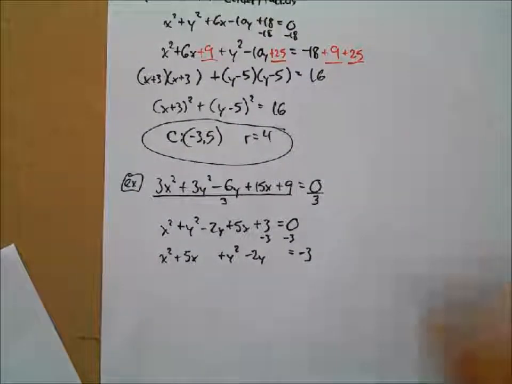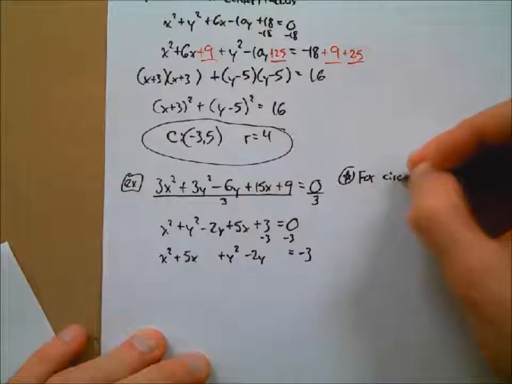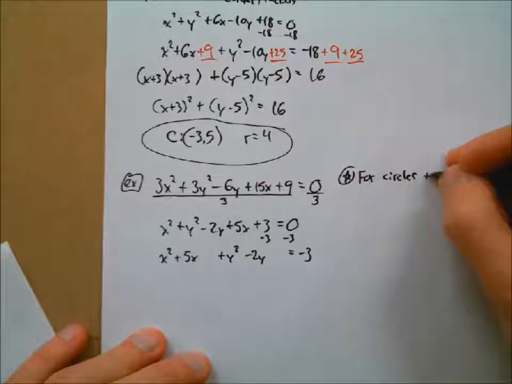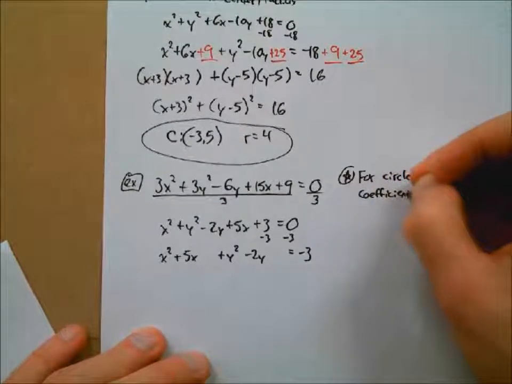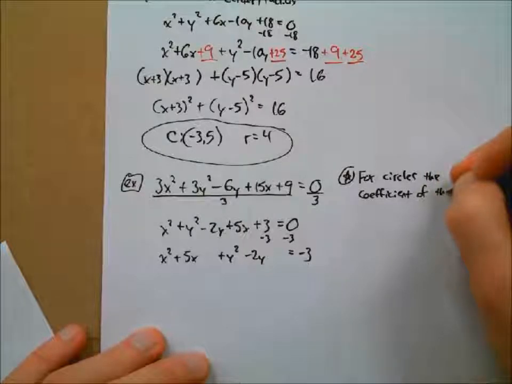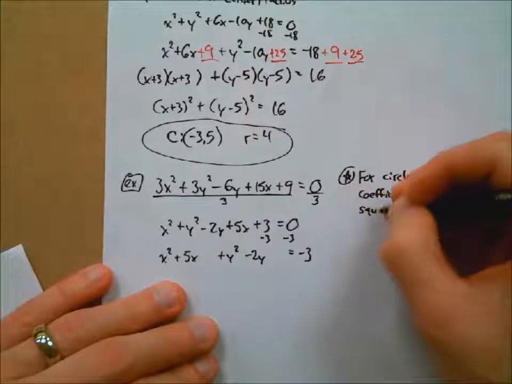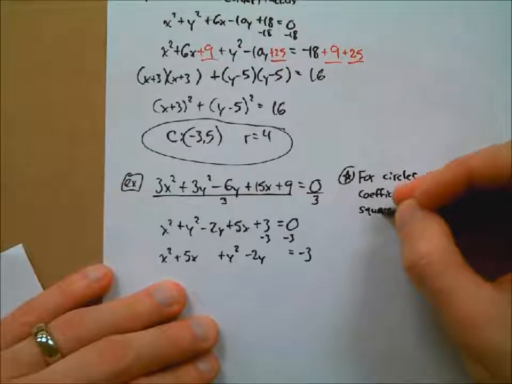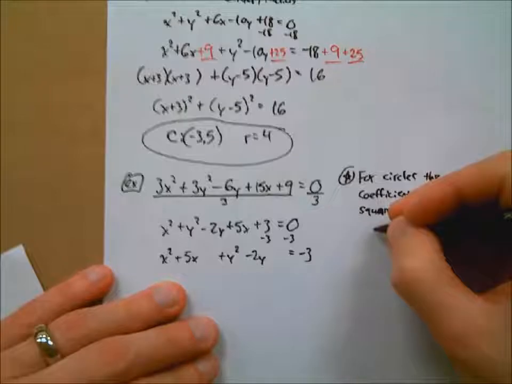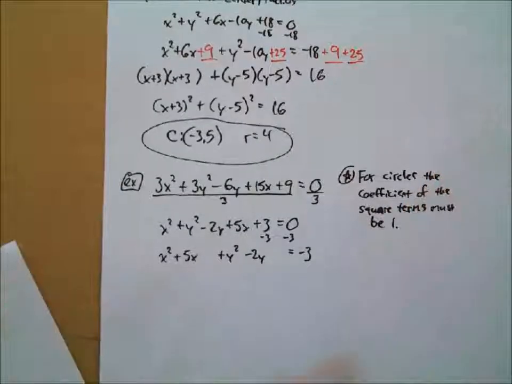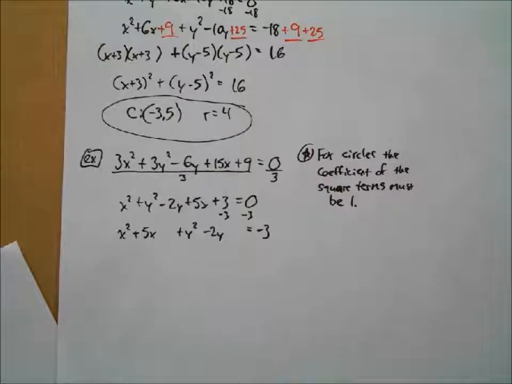Okay. For circles, by the way, let me just put this up here. For circles, the coefficient of the square terms must be 1.